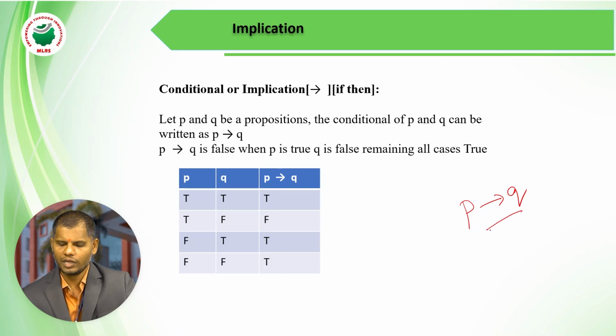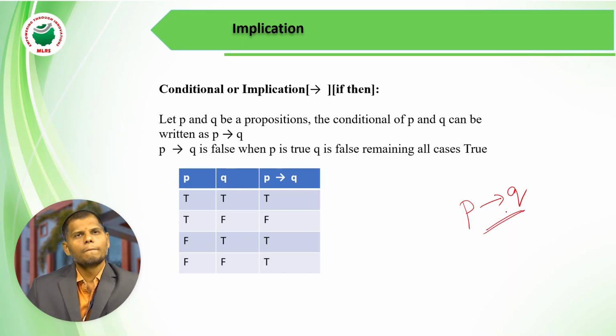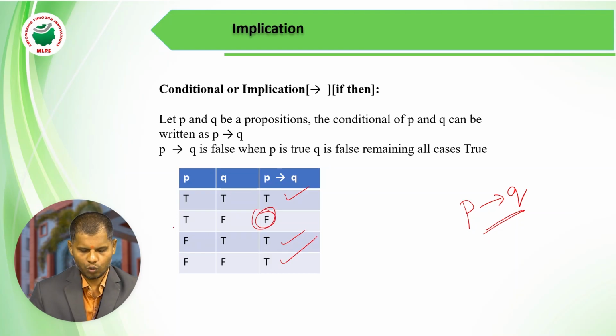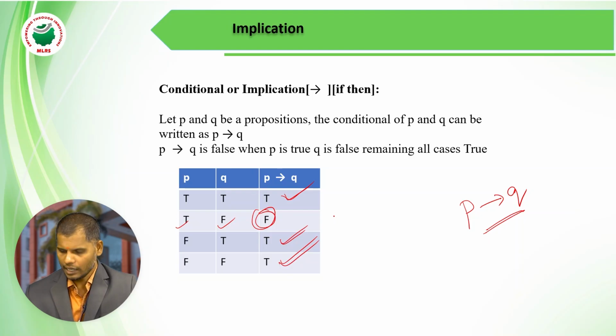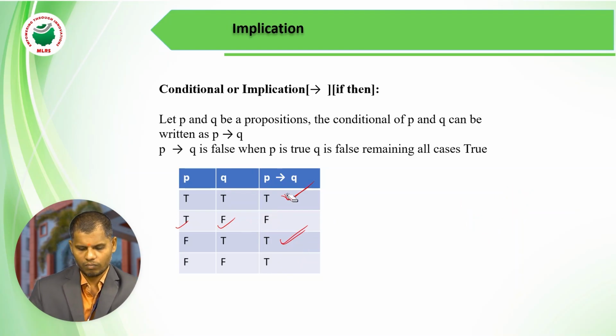The statement P implies Q is false when P is true and Q is false. In all remaining cases, it is true. This is called the implication statement.